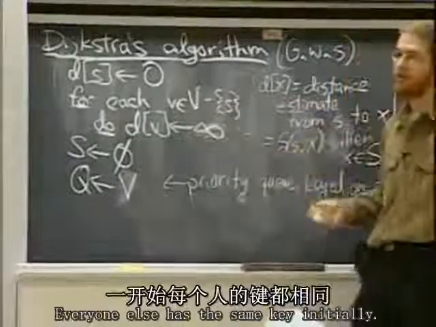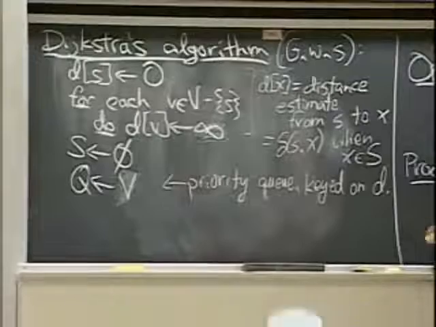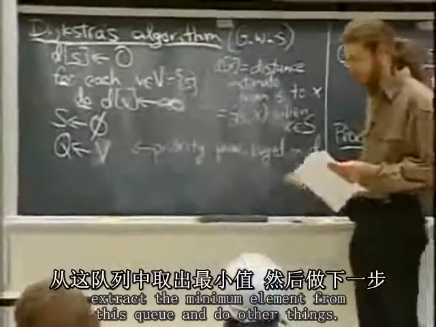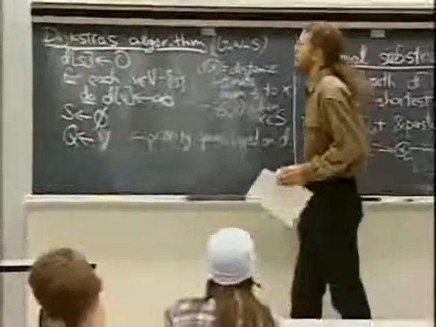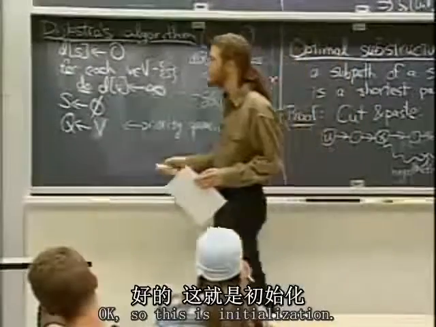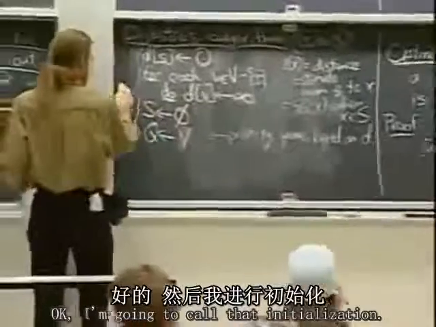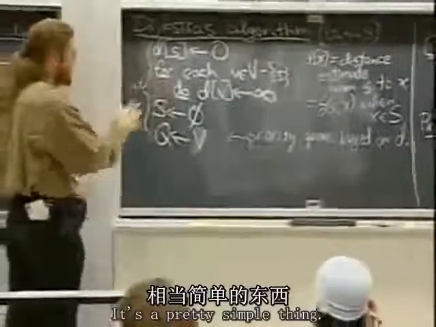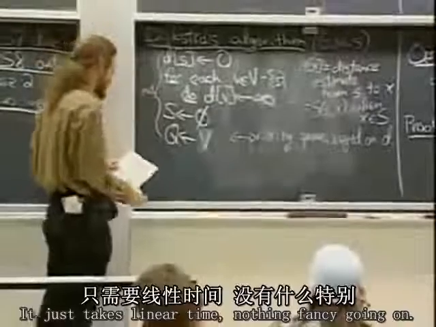Everyone else has the same key initially. And we're going to repeatedly extract the minimum element from this queue and do other things. So this is initialization. I'm going to call that initialization because it's a pretty simple thing. It just takes linear time, nothing fancy going on.